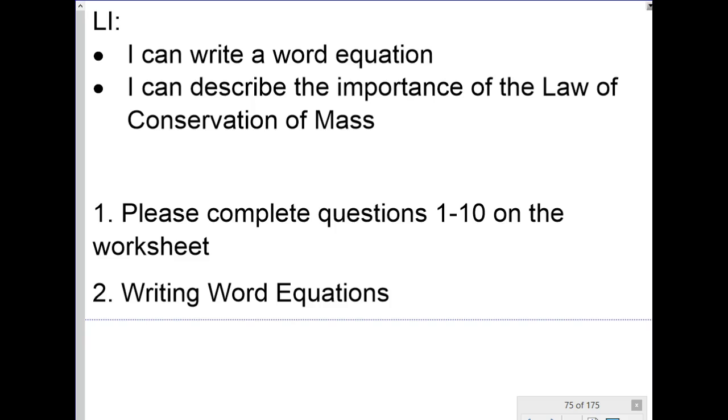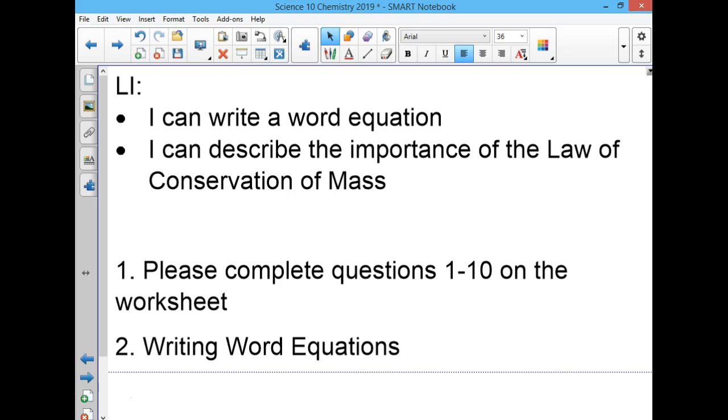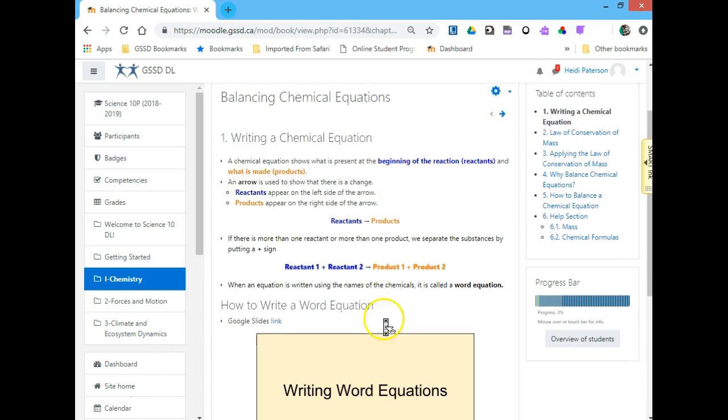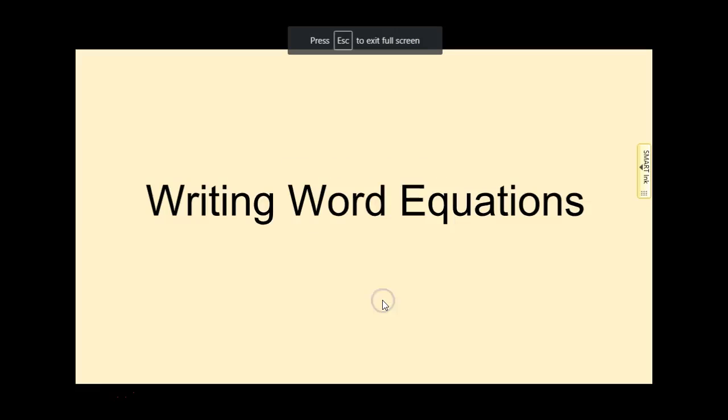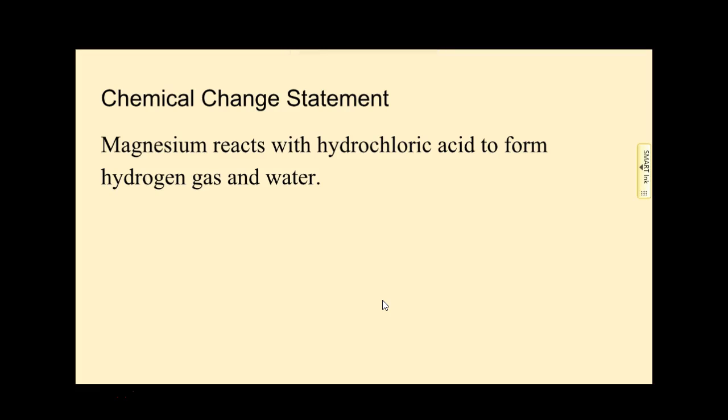What we are going to practice first today is going from a sentence description to writing that word equation. So you don't have to copy this down, okay? I will let you know when to copy things down.